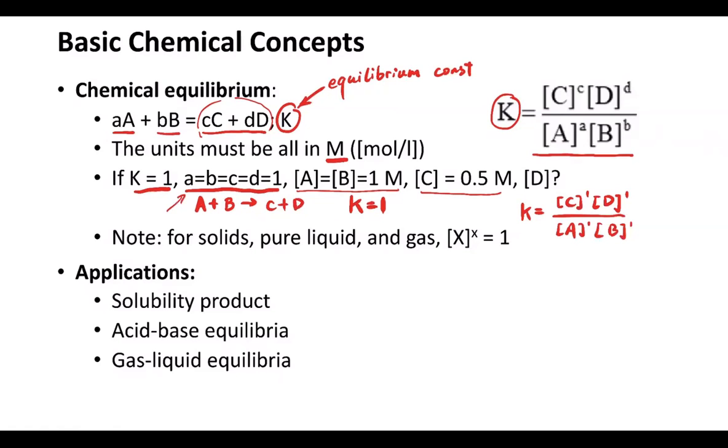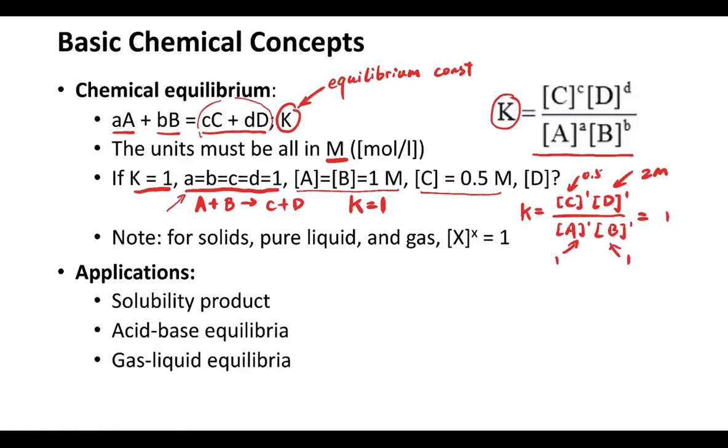Further, we know the concentrations of A and B are 1 and 1, and C is equal to 0.5. So because of that, D should be equal to 2 M.